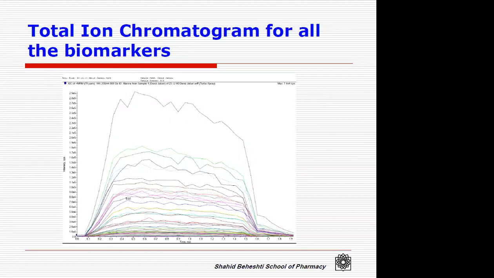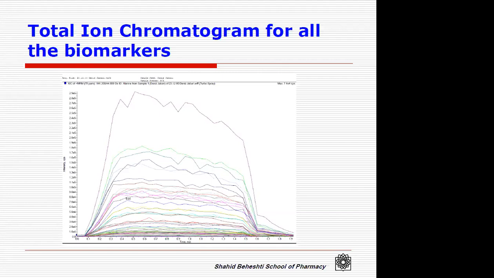This is the graph which is generated by the mass spectrometer after injecting the extracted sample. Each one of these graphs that you're looking at in this picture is representative of one biomarker. But for each biomarker, we have a labeled biomarker as well.